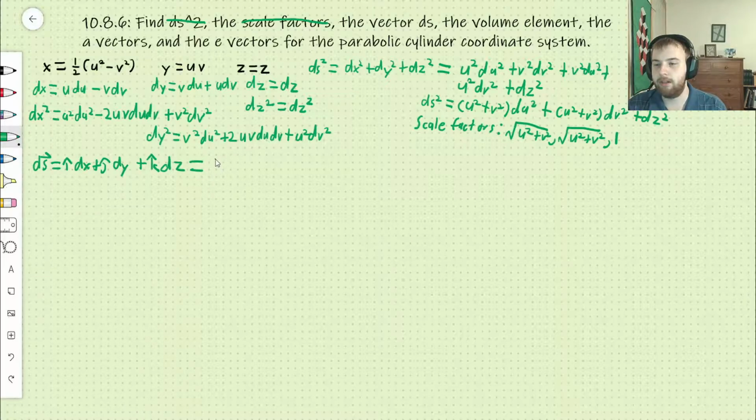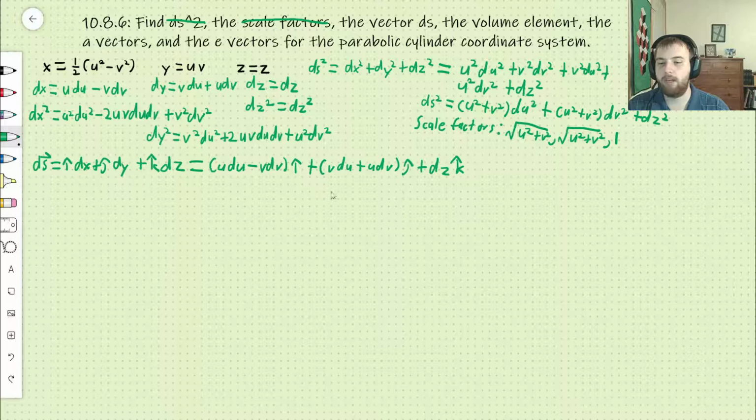So this is going to be (u du minus v dv) i plus (v du plus u dv) j plus k dz, or dz k, just to be consistent.